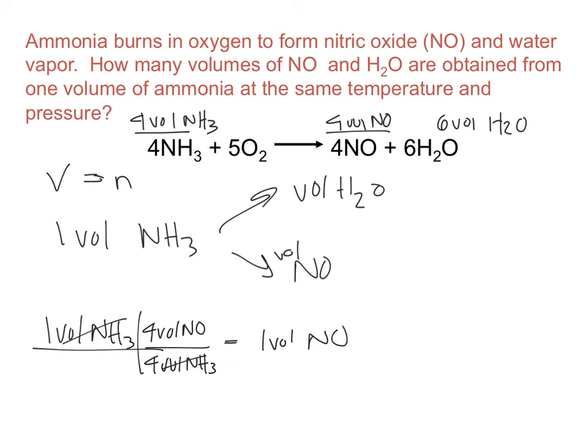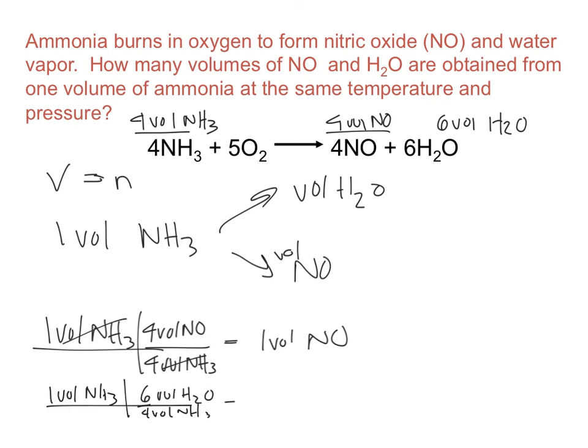Okay, in that same approach, we can look at the number of volumes of H2O that we're going to obtain. So once again, we start with 1 volume of NH3. Okay, the relationship between NH3 and H2O is 6 to 4.